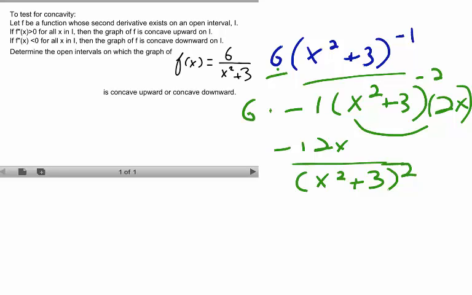Now we need to take our second derivative, f double prime of x, and here we may find it more helpful to use the quotient rule.